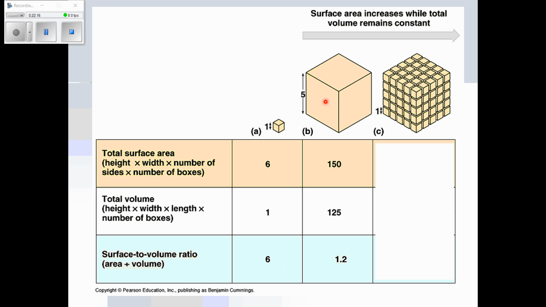And the larger the cell gets, the smaller the surface area to volume ratio. It seems kind of like a contradiction, or a little bit counterintuitive, but you need to remember that the larger the cell, the smaller the surface area to volume ratio.